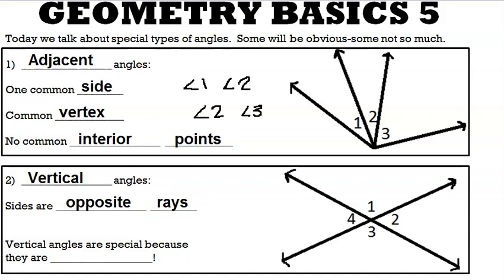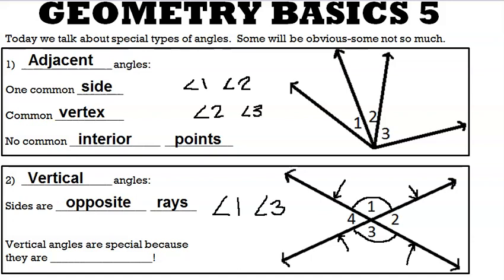So let's look at angle 1, for example. The rays that are forming angle 1 are here and here. The opposite rays to that are here and here, which means angle 3 would be a vertical angle with angle 1. So the sides are opposite rays, so angle 1 and angle 3 would count as vertical angles.